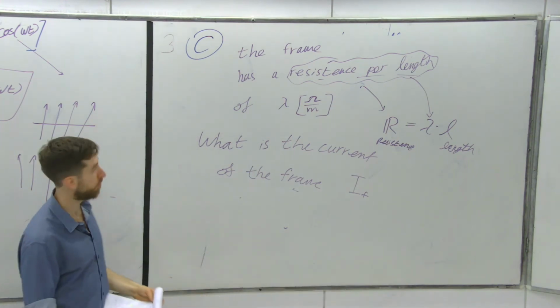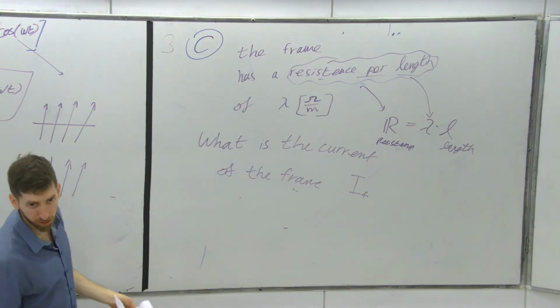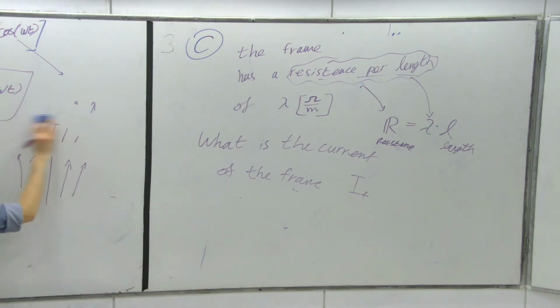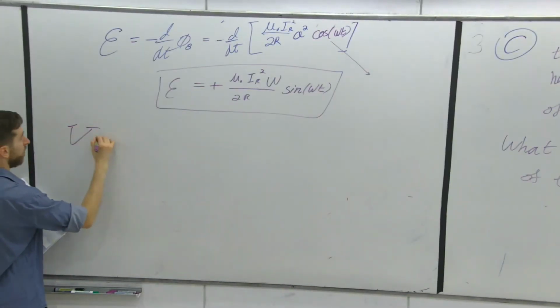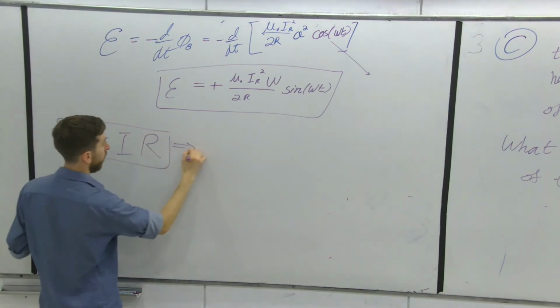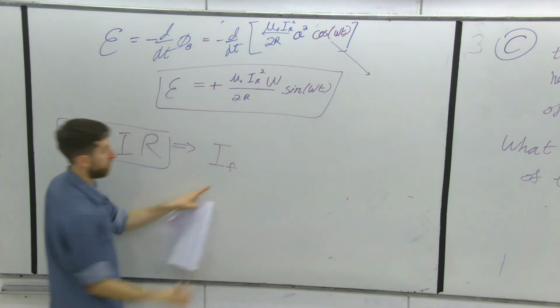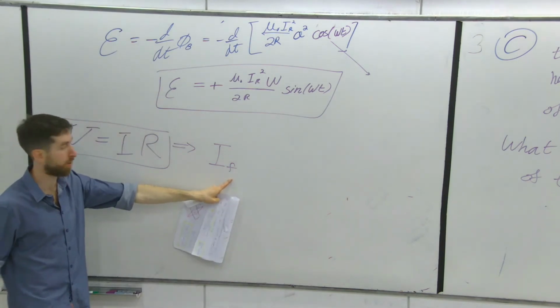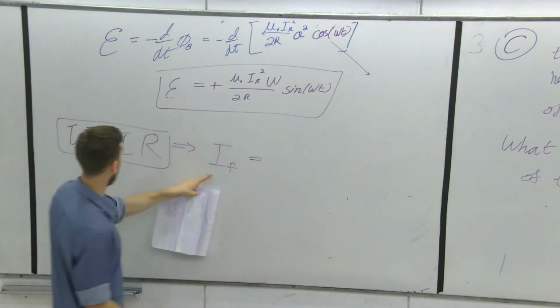Ohm's law, or how I like to say, the Beer law, okay? So I'm going to clean this one up and go back to this board, thank you. We know that Beer, which I like to call Beer, will hold. So we want to find I_F, which is the current through the frame.